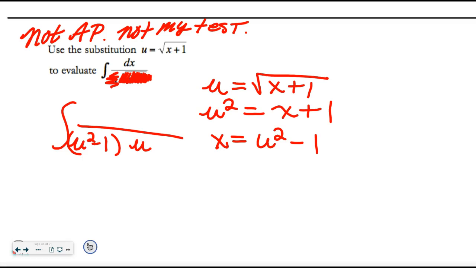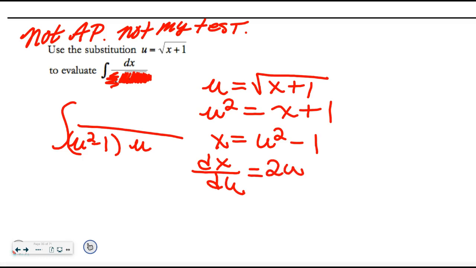dx is missing. What's dx? What do you think? Well, yeah, dx with respect to u is 2u.